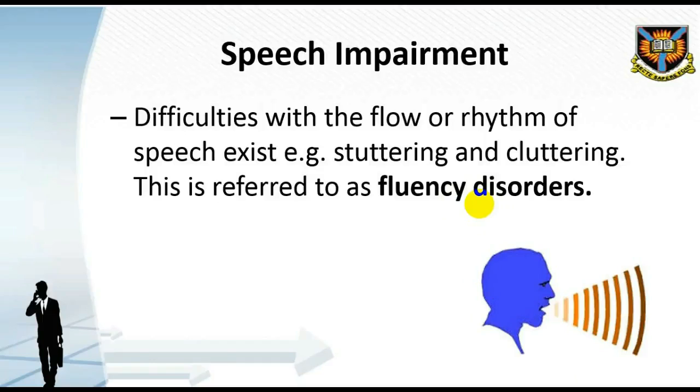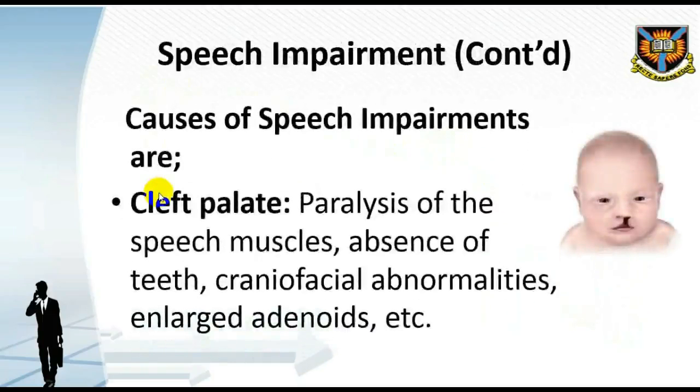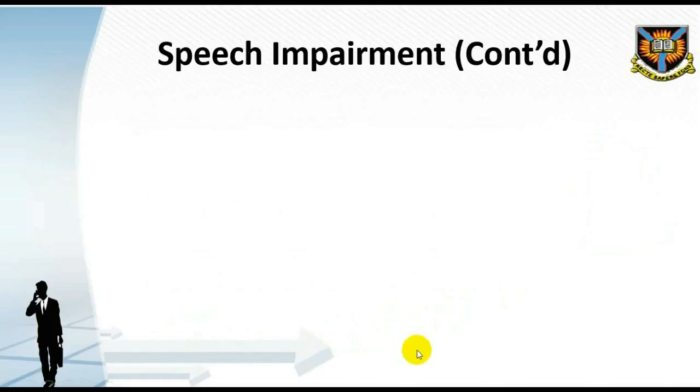Causes of speech impairment. 1. Cleft palate, paralysis of the speech muscles, absence of teeth, craniofacial abnormalities, enlarged adenoids, etc. 2.